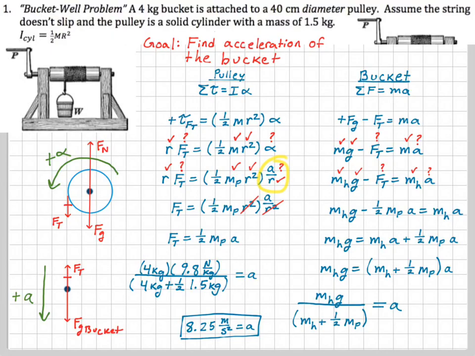After we did that, another key thing that we talked about was how in this problem, all these radii were all the same. Another key thing we did was substitute our force tension from one equation into another, and by doing that, we only had one unknown, acceleration, and then we just did a bunch of algebra so that we could solve for our acceleration.